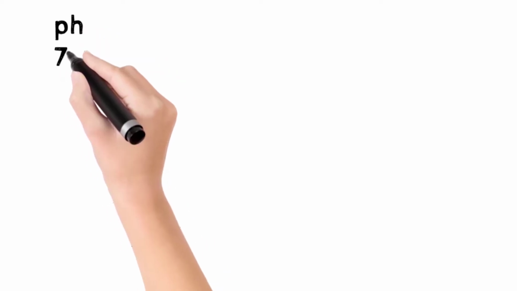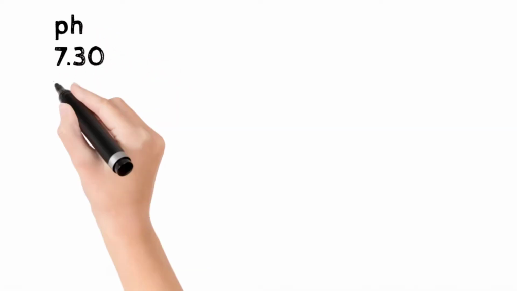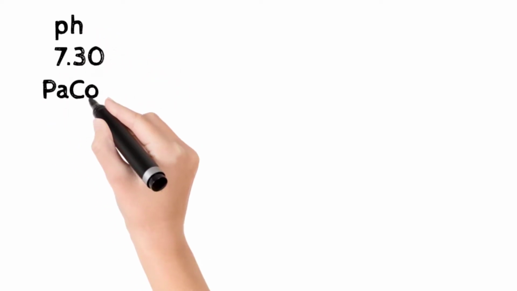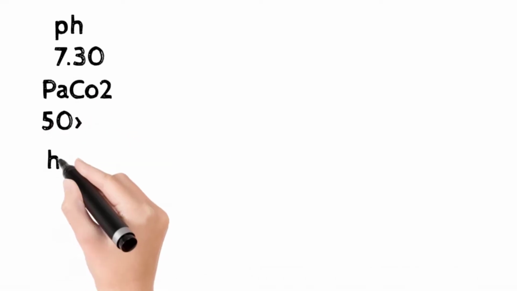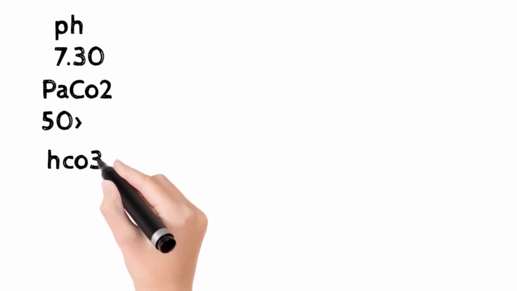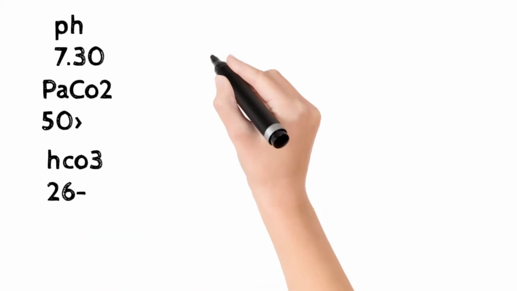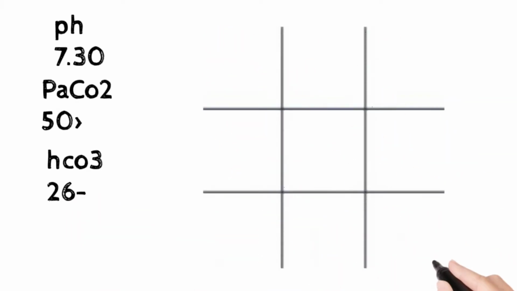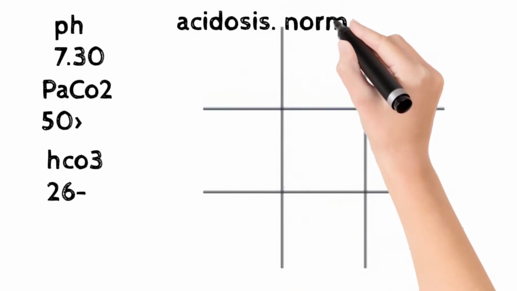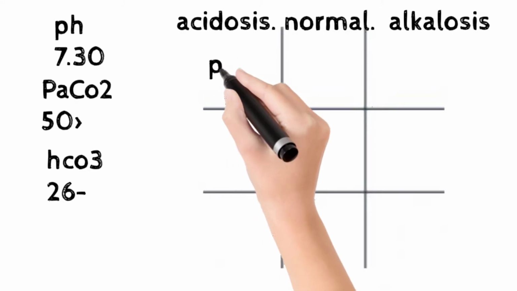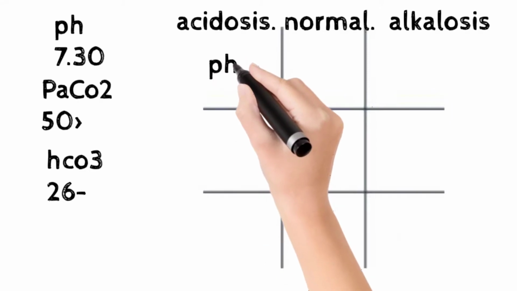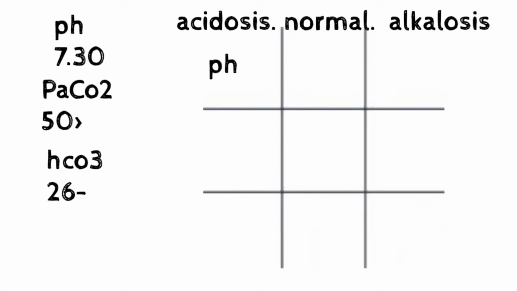Let's have a look at some examples. Here pH is 7.30, PaCO2 is 50 and HCO3 is 26. Here pH is lesser than 7.35, so it goes under acidosis, and PaCO2 is greater than 45, so it goes under acidosis and it represents the respiratory.